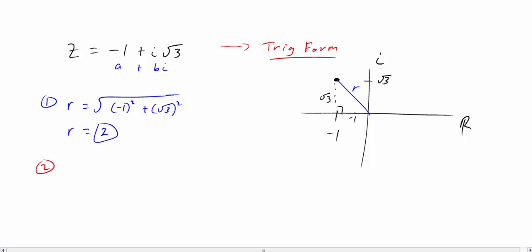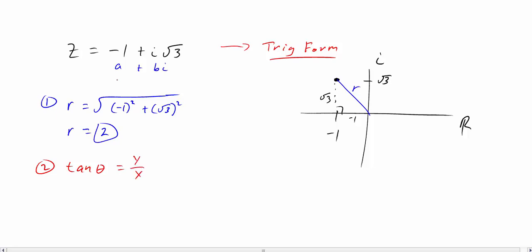If we look at this, we're trying to find our angle, so how can we calculate it? Well, remember we can think of tangent of theta. That deals with our y over x, right? So tangent theta is equal to y over x.